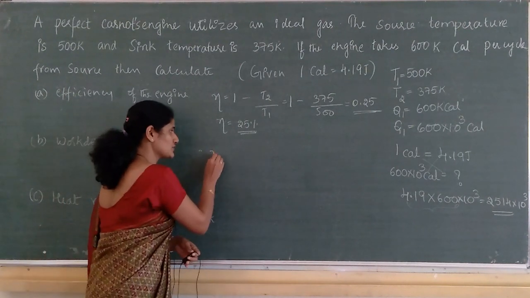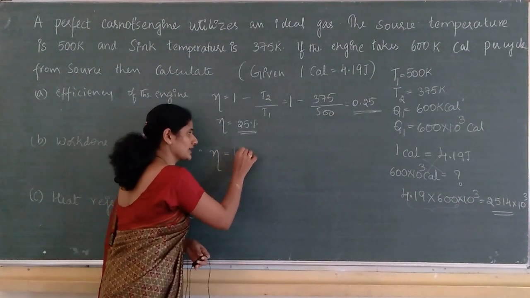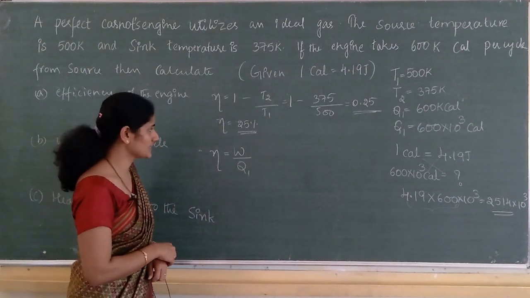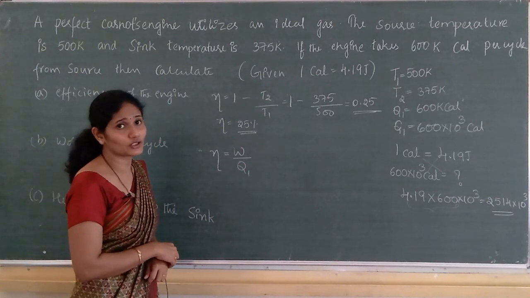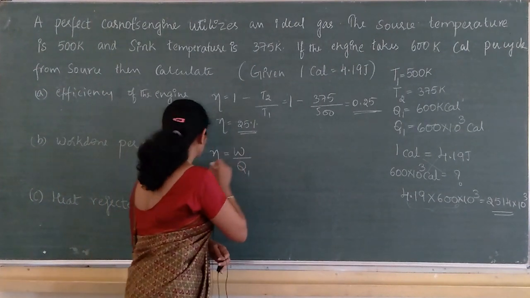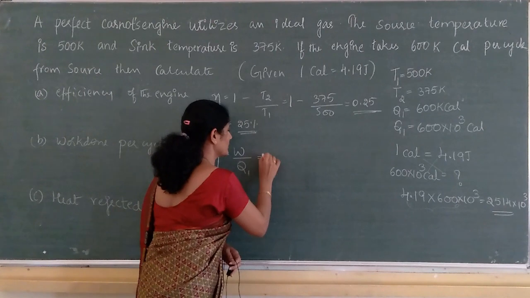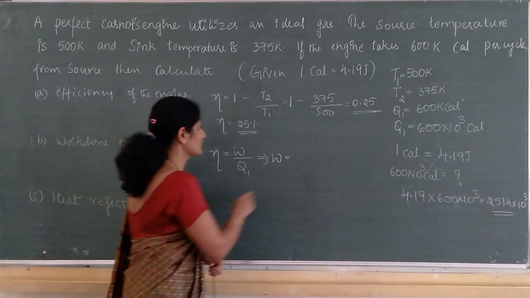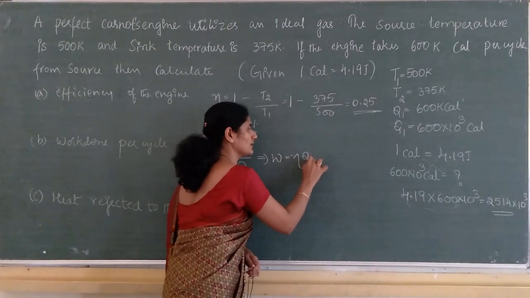We know that efficiency eta is equal to work done divided by heat input, right? Efficiency eta is equal to work done divided by Q1. Q1 is the heat input, W is the work done. So, rearranging this formula, W is equal to efficiency into Q1.